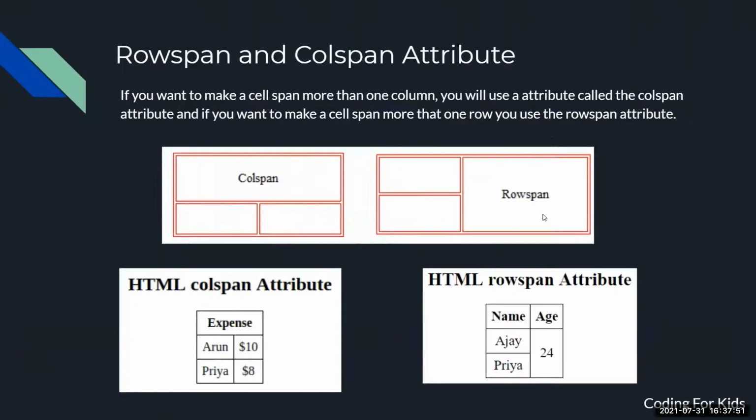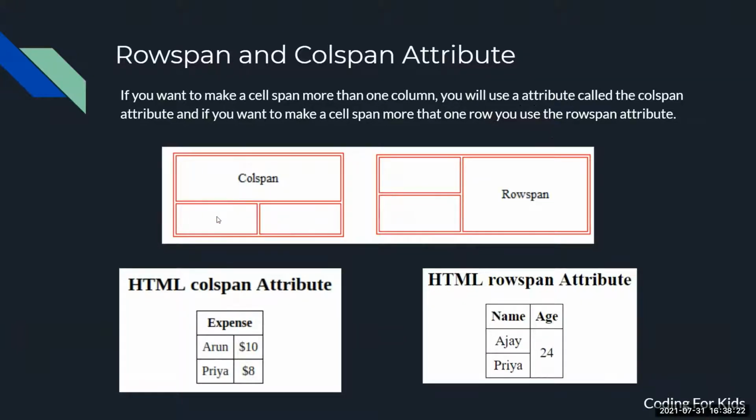So now that we have that aside, let's look at the rowspan and colspan attributes. If you want to make a cell, which is basically like a box in a table, more than one column, you can use the attribute called the colspan attribute. For example, you can see right here that this one cell or box is expanding over two columns.